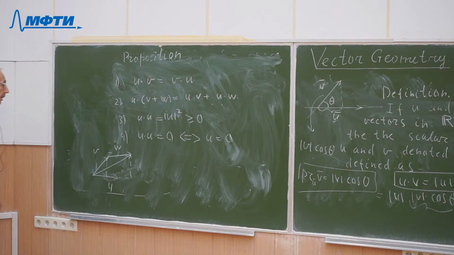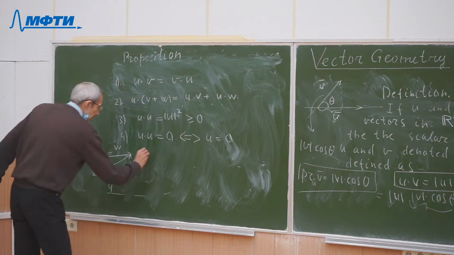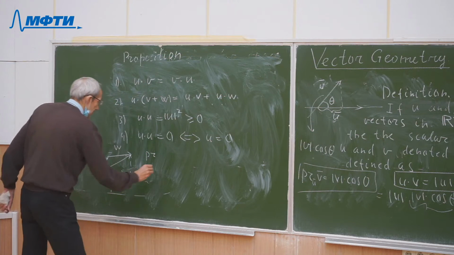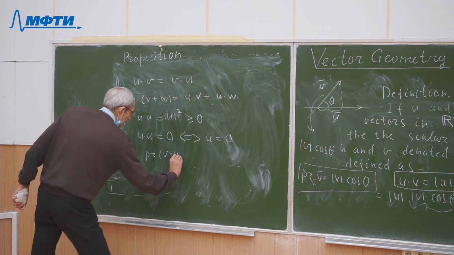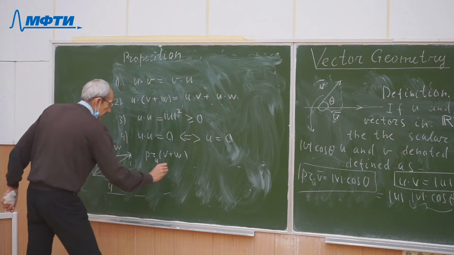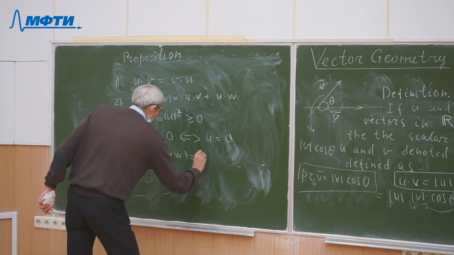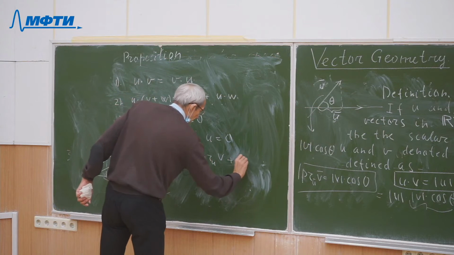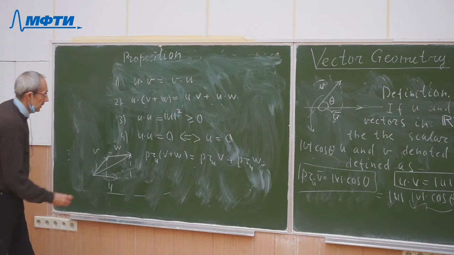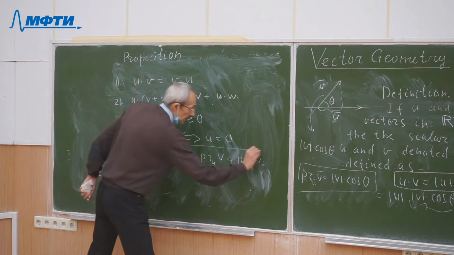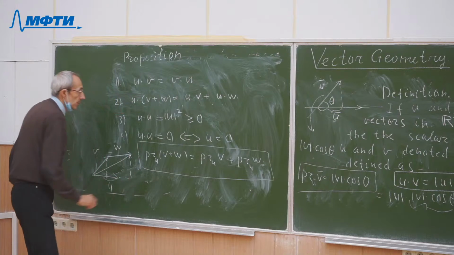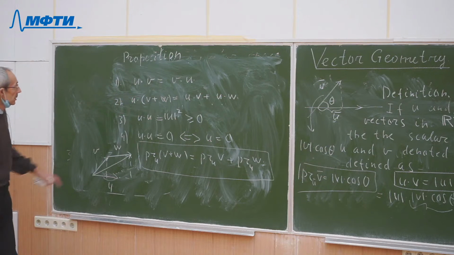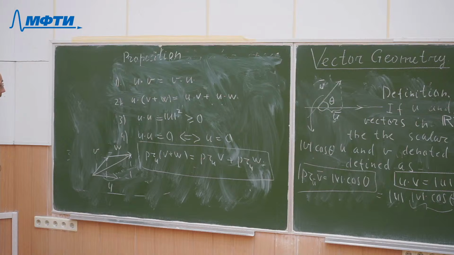Easy to see that the projection of the sum v and w on vector u is equal to the sum of the projections. And from this enough evident property, it is easy to deduce property 2.